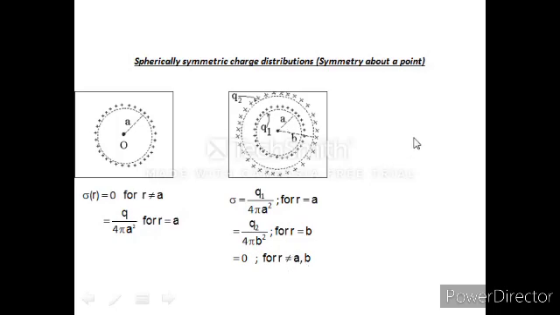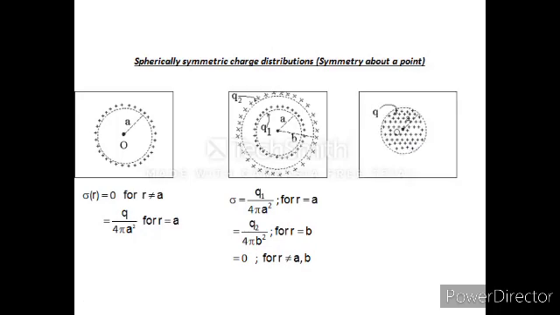We can even have a solid sphere with uniform volume charge density inside it, this way. Here even there are equal charges at every point for r less than a, and no charge for r greater than a. So in all these examples, we are able to write the surface charge density or the volume charge density in terms of distance r from the center.